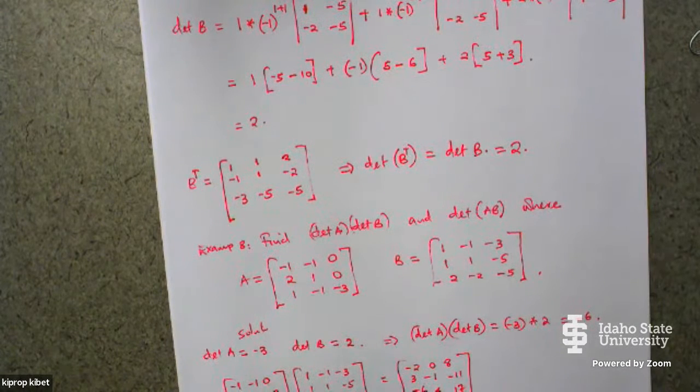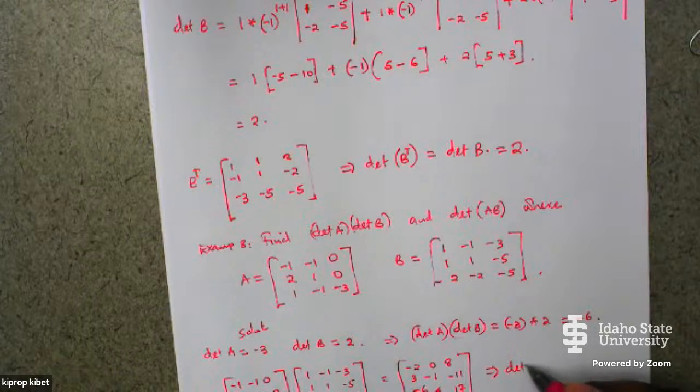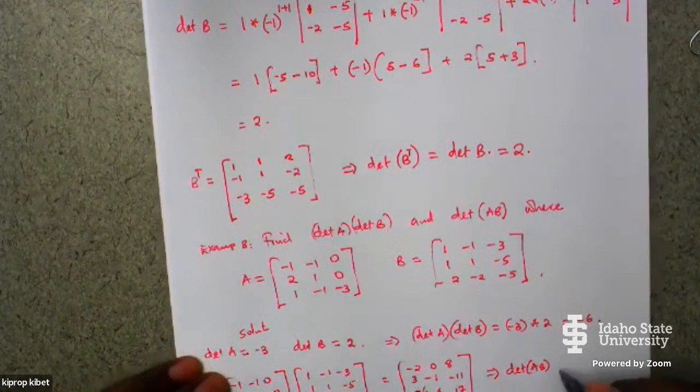So this is AB. Now, when you do the determinant of AB, since we've done a lot of determinants, what you get is -6.